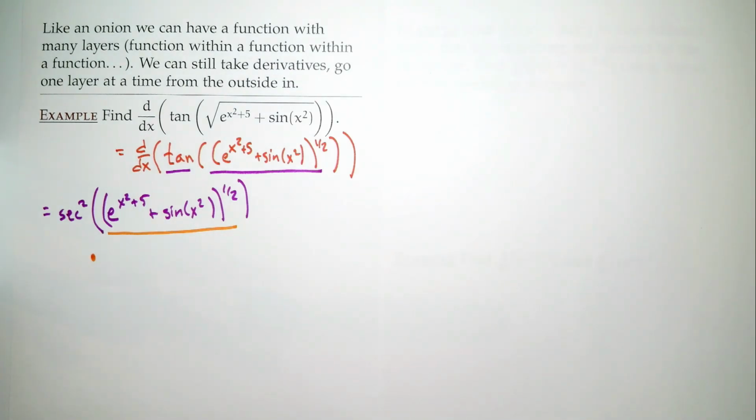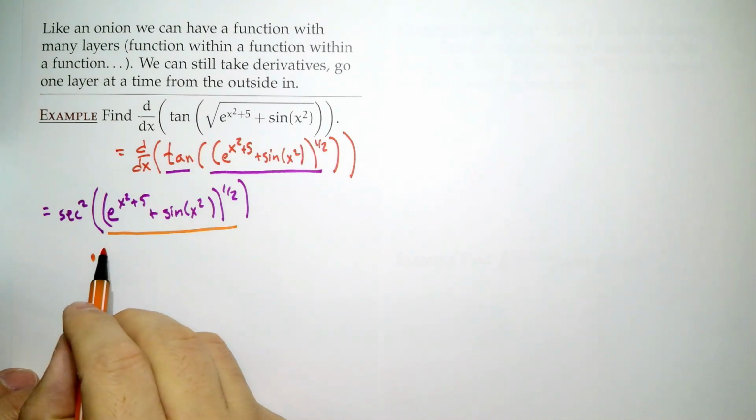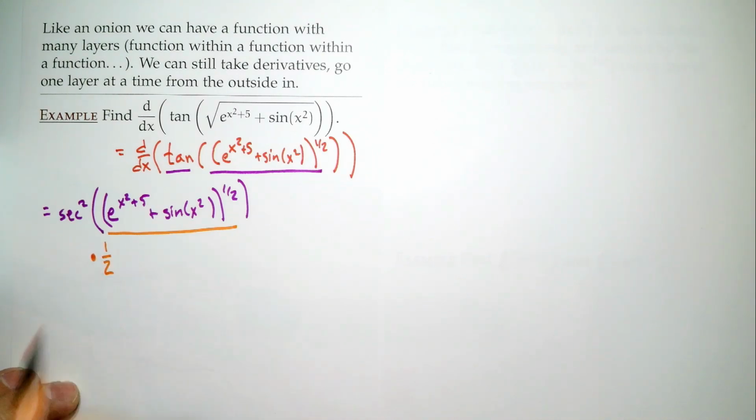It's a chain rule. What's the outside function right now? To the 1/2 power. You can think of that as a square root function. That's our outside function. How do you take the derivative of something to a 1/2 power? The 1/2 comes down, because think about it like the derivative of x to the k.